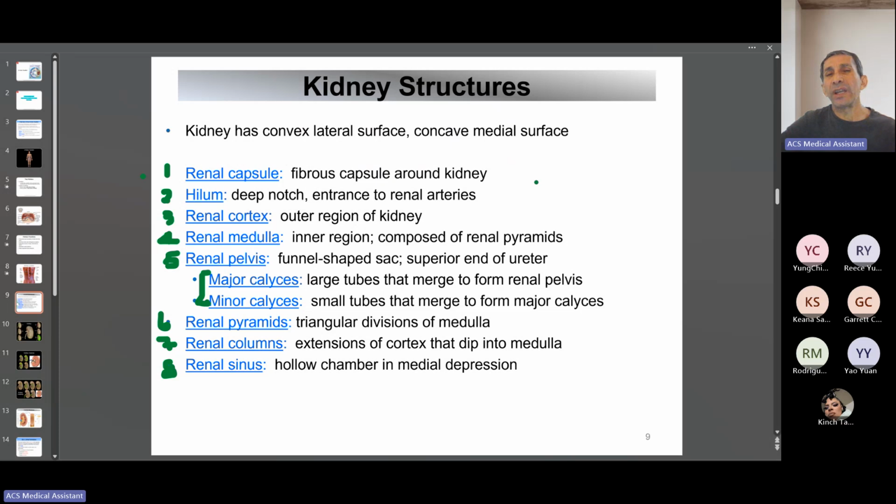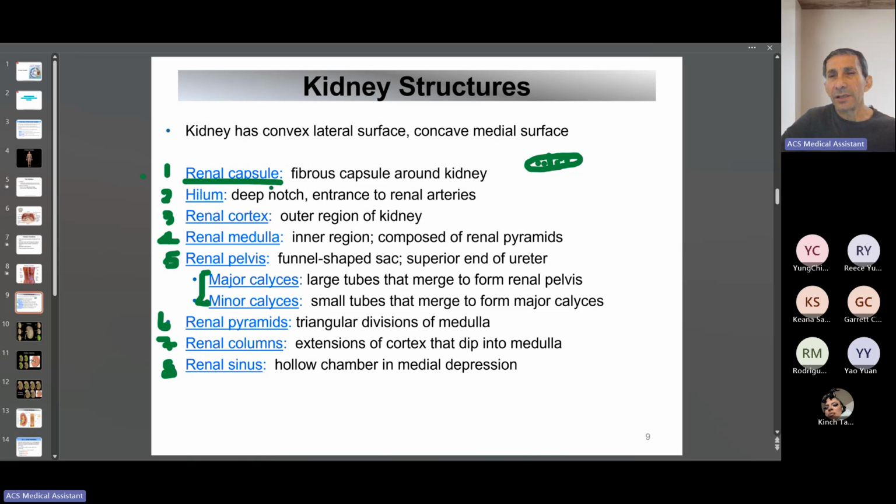So let's start with the renal capsule. As the word implies, this is a capsule. This is a membrane that protects the kidneys on the outside, like a capsule. You have taken a medication that comes in a capsule that looks like a little cylinder, like this, and inside has the medication, right?